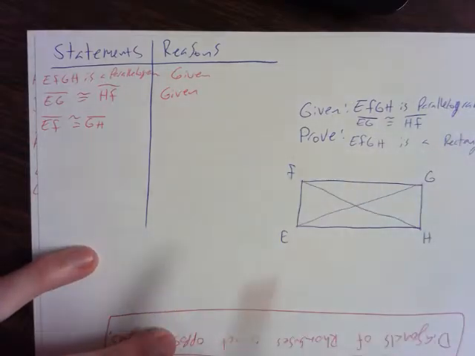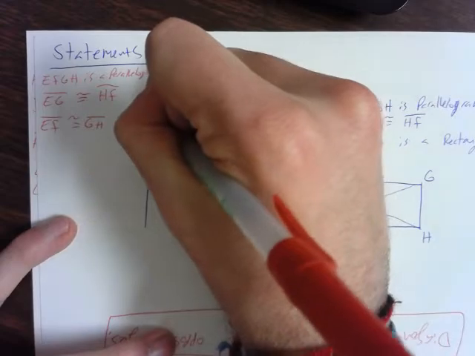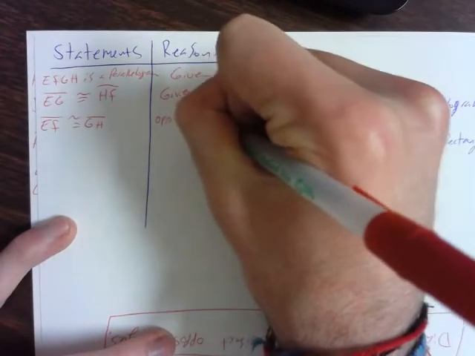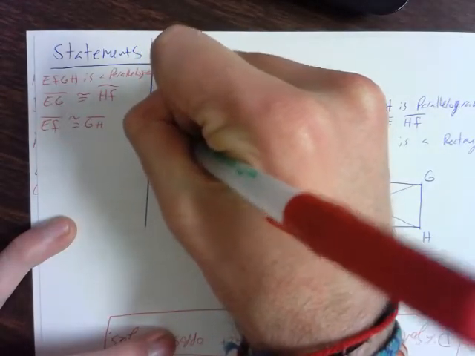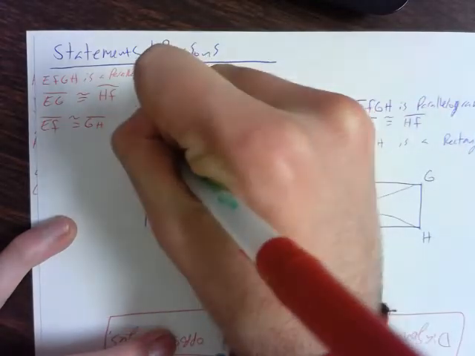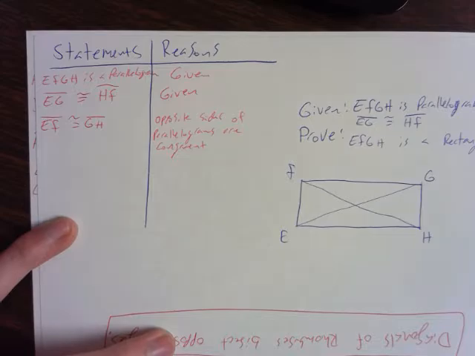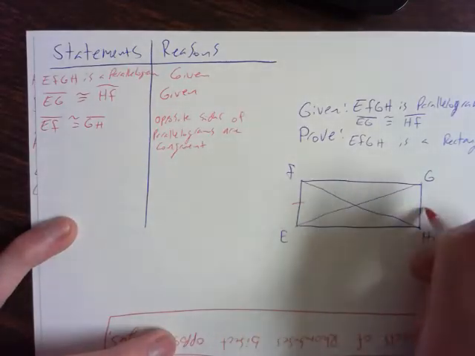Okay, and it is a parallelogram, so the opposite sides will be congruent. So I can say opposite sides of parallelograms are congruent. Okay, so now I'll draw those lines.